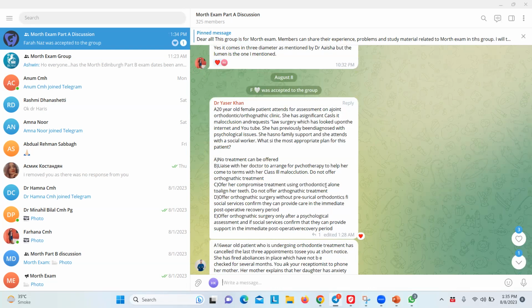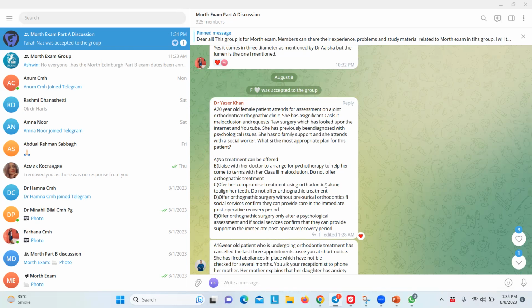Liaise with the doctor to arrange psychotherapy to help her come to terms with it, do not offer orthodontic treatment. She has a significant class 3, right? I don't know. Offer her compromise treatment using orthodontics alone.